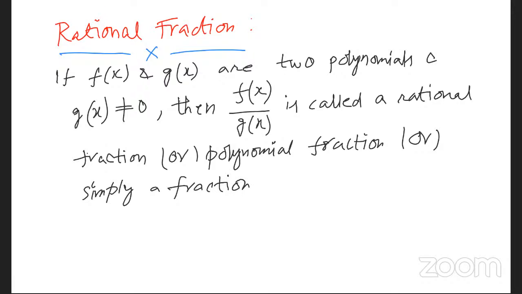Very important: if f of x and g of x are two polynomials and g of x is not equal to 0, then f of x by g of x is called a rational fraction or polynomial fraction, or simply a fraction.